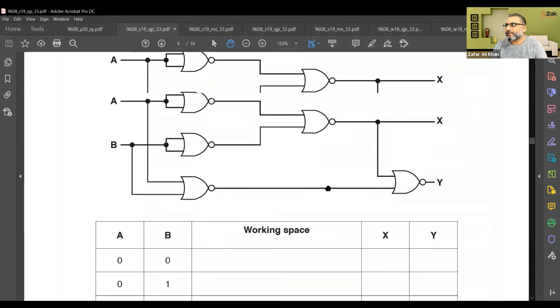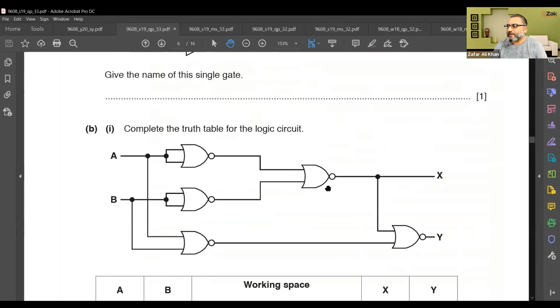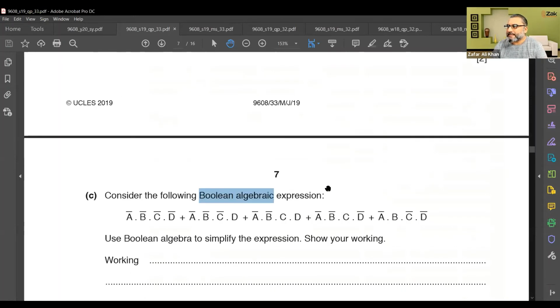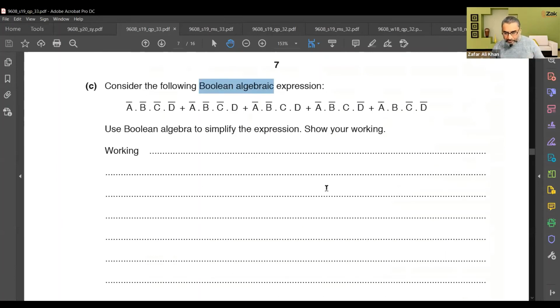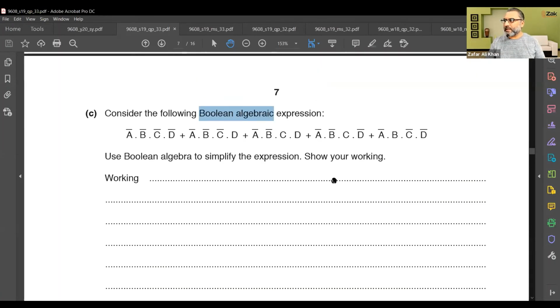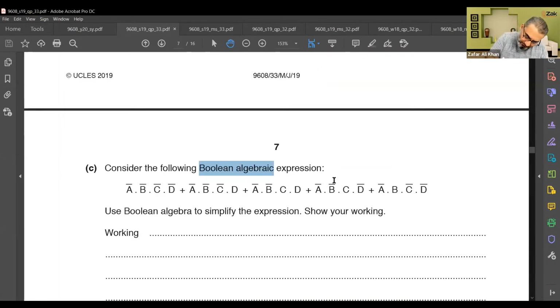Yes. All right. So P33 MJ19 question 3C. Okay. Now I'm not going to solve it with different techniques. Just I'll solve it once. So what is the question? So this is MJ19 P3 and 3.